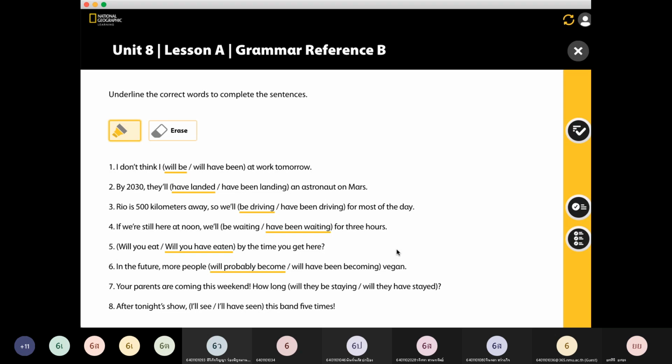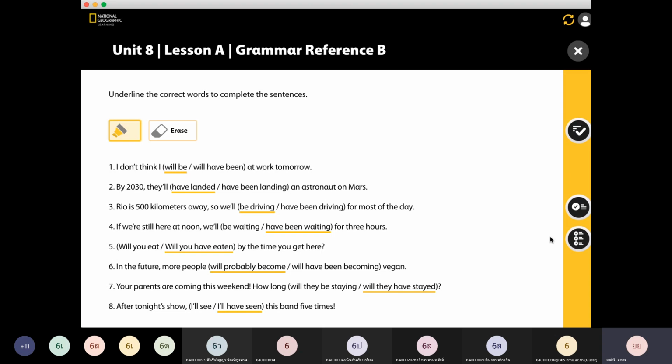Okay. Will they have stayed? Number 8 I will have seen, I have seen this band 5 times.